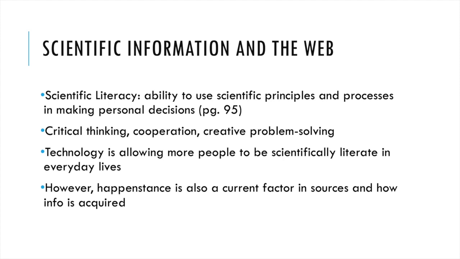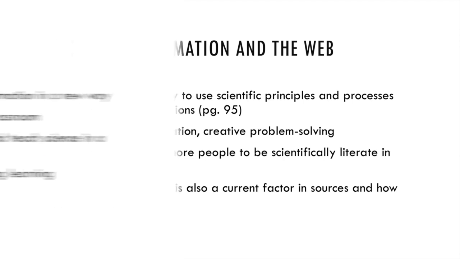With evolving technology, more and more people are able to be scientifically literate. The internet has made it easier to conduct research and spur scientific interest. However, happenstance is still a factor in sources and how the information is acquired on the internet. Young citizens should be trained effectively in this resource.